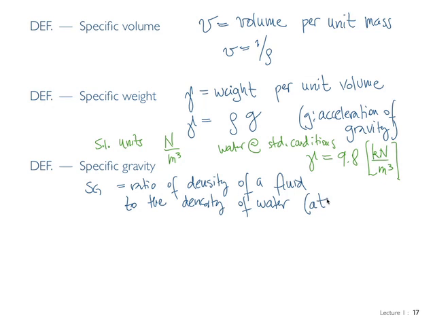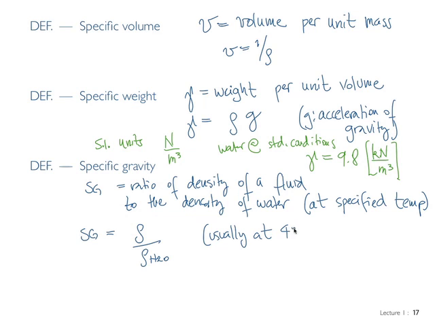But this at a specified temperature. So for example, we write rho of the fluid, whatever fluid it is, divided by rho of water, and usually it could be at 4 degrees Celsius, but this needs to be specified. It will change with temperature.